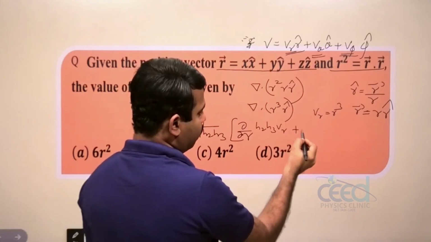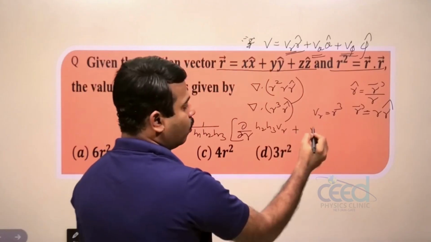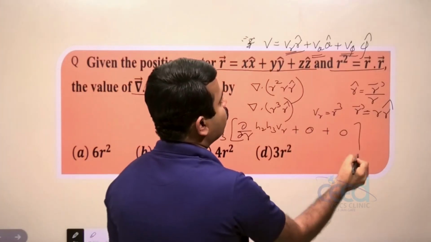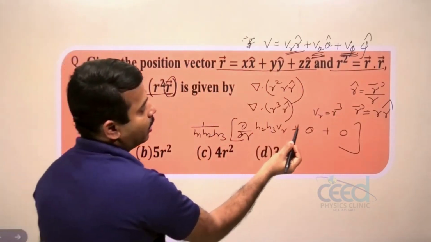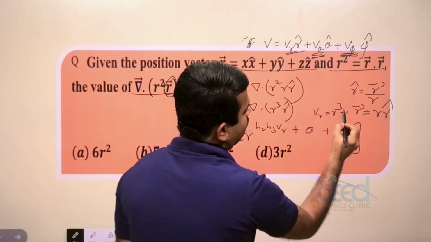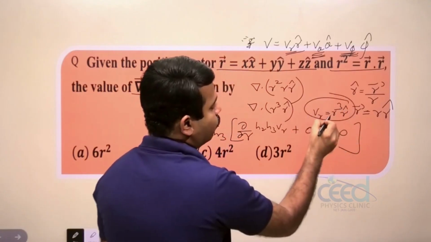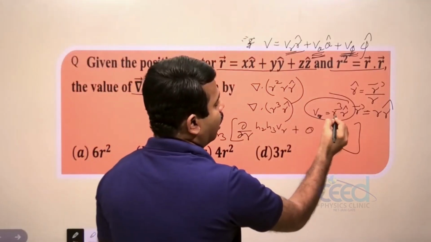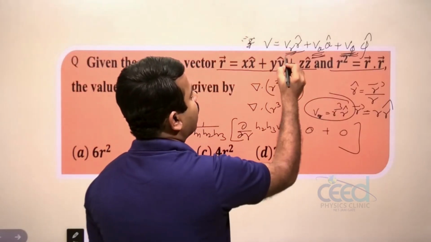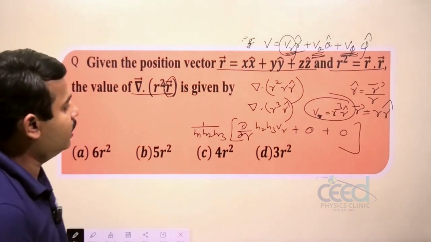Now we have other terms, dou by dou theta and dou by dou phi. I am taking all of those as 0 because those components are 0. We have only vr, so v is r cube r cap only, and only the vr component exists, right?